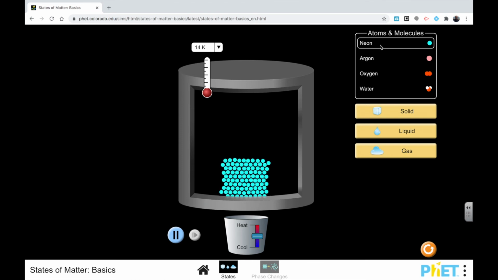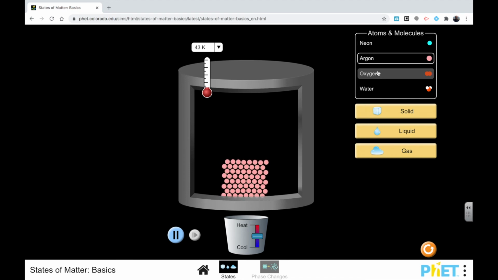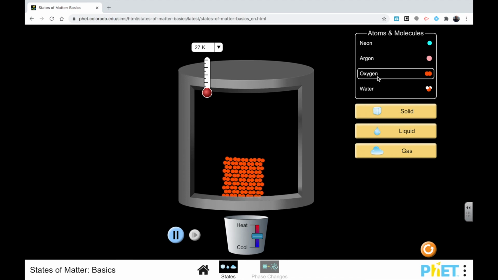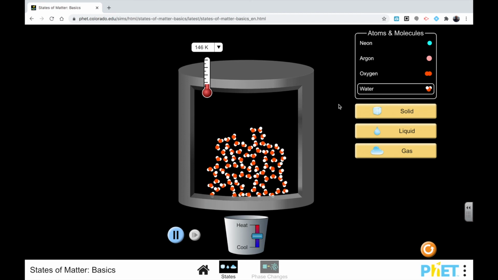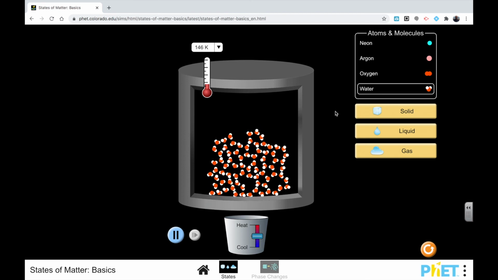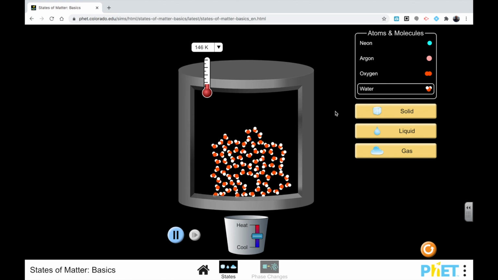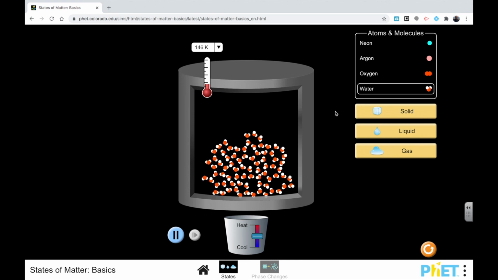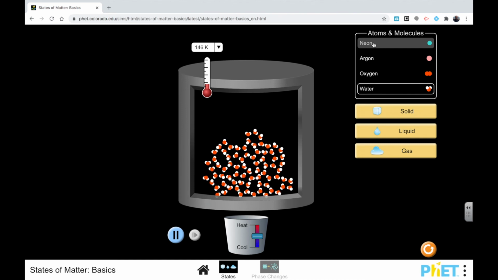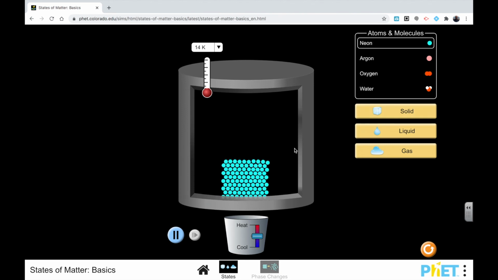So we have neon, we have argon, we have oxygen, and notice oxygen is diatomic right here, and water. Now, big change with water. That's because water has extremely strong intermolecular forces. Water is special. It has hydrogen bonding. Always remember that. So now those were as a solid because they're closely packed. They're not moving. They can only wiggle in space.